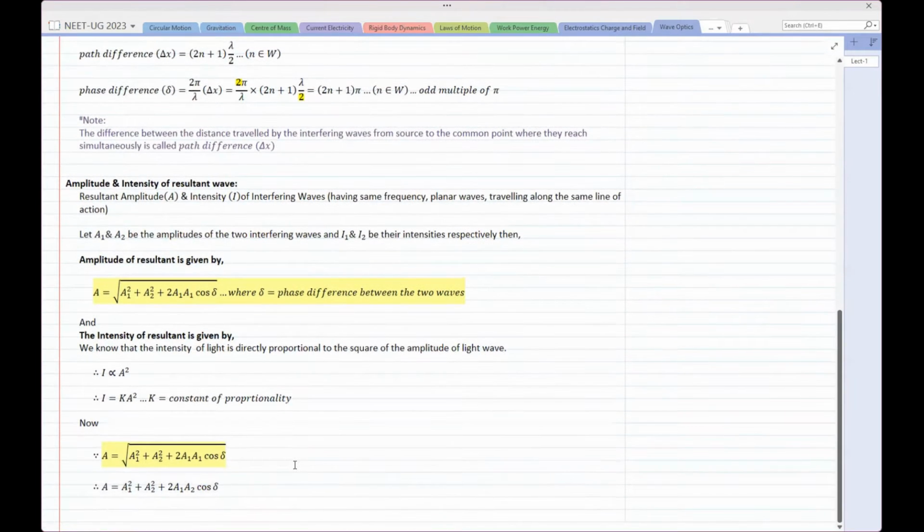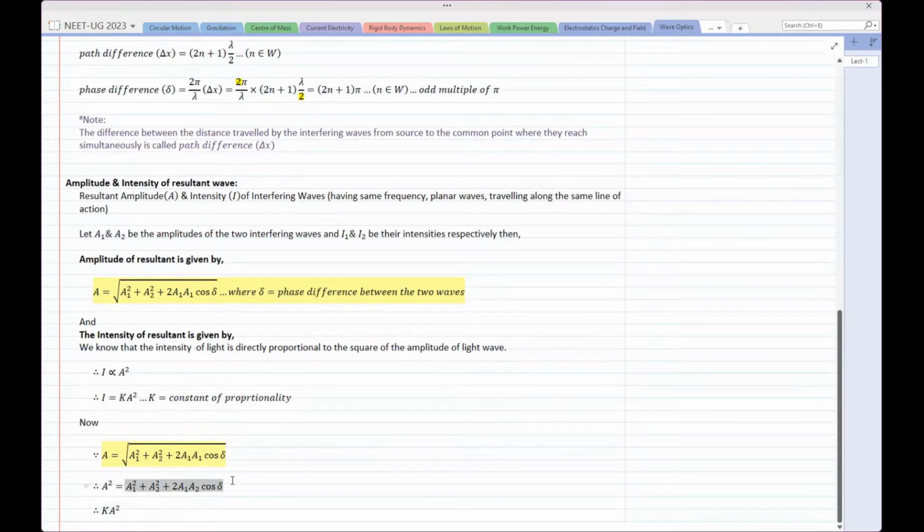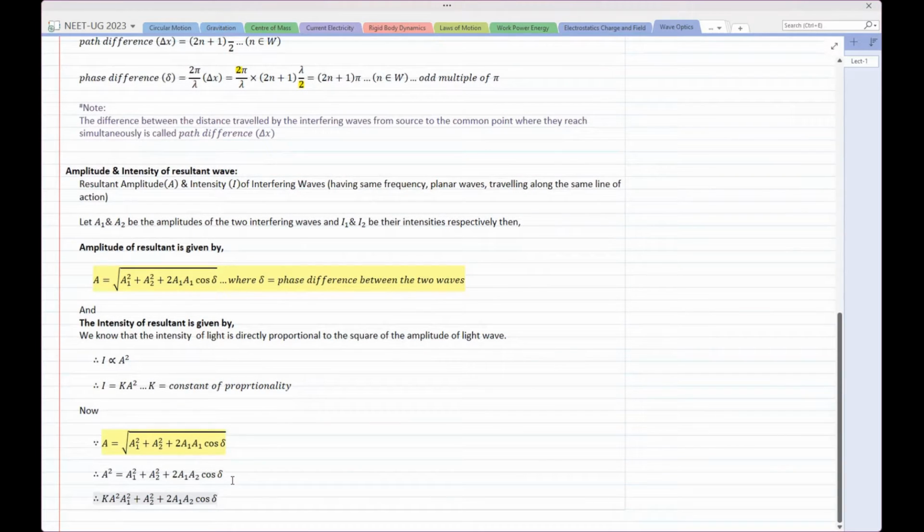Then multiplying both sides by K. Okay, so I can write therefore K A square is equal to, what it will be? K A square is equal to K A1 square plus K A2 square plus 2K, ये K होना चाहिए, right?